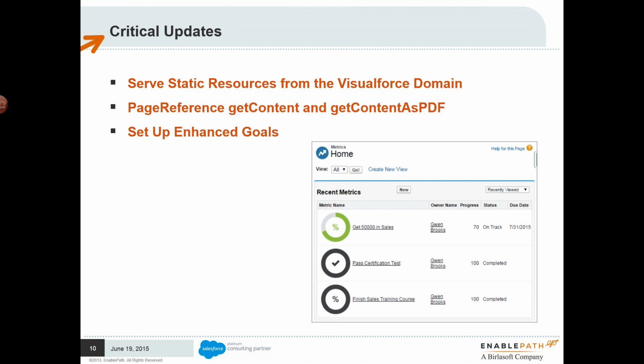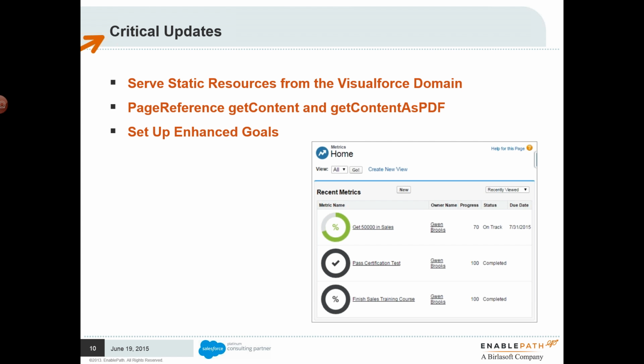The next critical update we'd like to highlight is called Page Reference, Get Content, and Get Content as PDF. Certainly a mouthful, but this critical update really changes the way calls are made to the page reference methods, Get Content and Get Content as PDF. And it really handles some semantics of the transactions for calling a Visualforce page. A page reference is a reference to an instantiation of a Visualforce page.